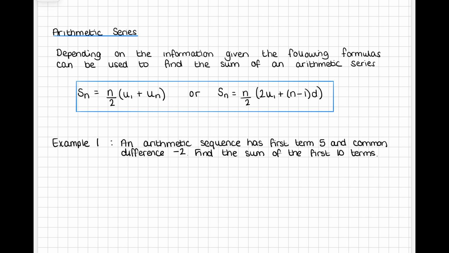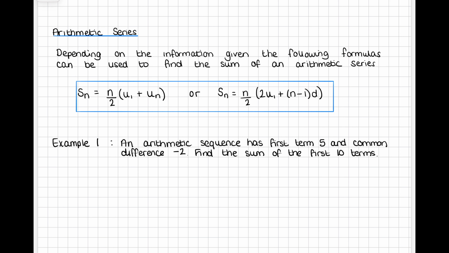If we don't know the term number of what we're trying to find, so we don't know what the 10th term is, we can use this equation instead, which is n over 2 brackets 2 times u1 plus n minus 1 multiplied by the common difference d. So depending on the information will depend on which equation that you use.